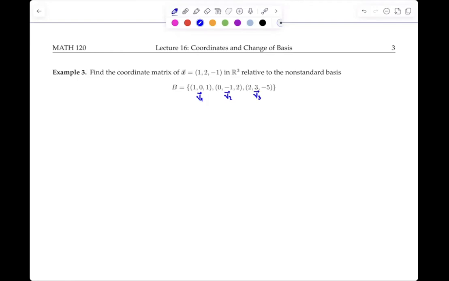All right. So we're going to write what we're looking for, right? We're looking for the coordinate matrix. That is, you're looking for the coefficients of the linear combination of x with respect to v1, v2, and v3. So first we write x as a linear combination of v1, v2, and v3.